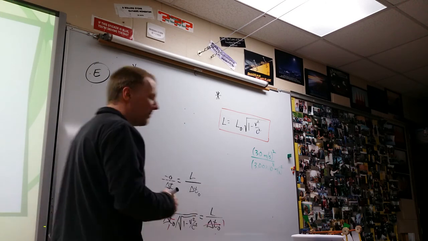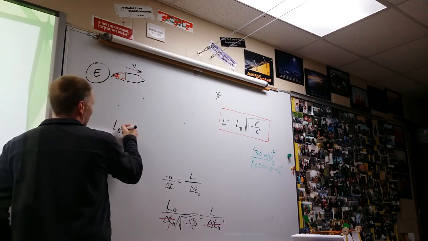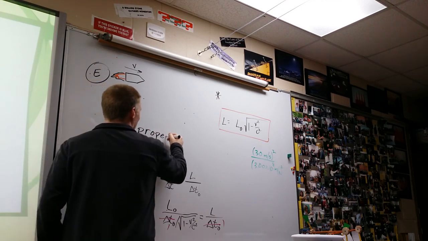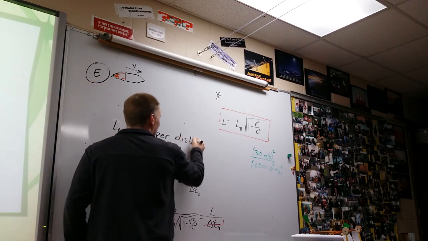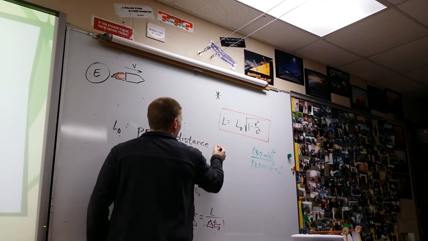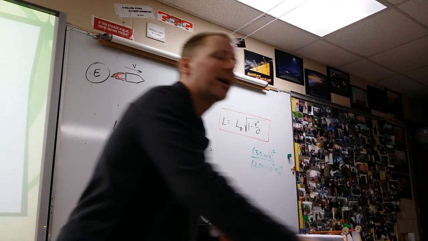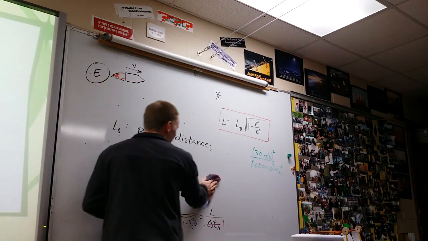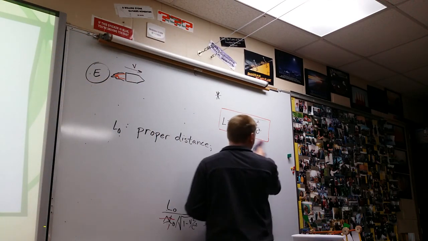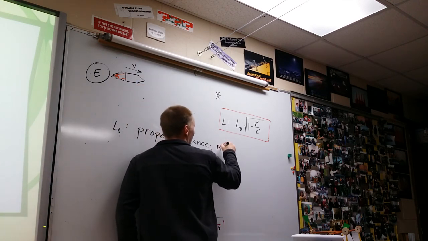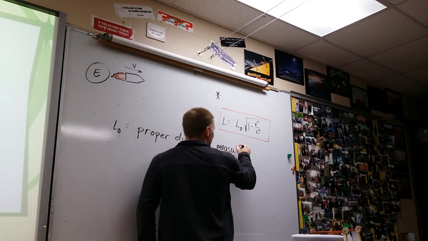So L naught means proper distance or proper length. Proper means the measurement made by someone who is not moving relative to that measurement. So the beginning and end points. That would be like someone standing on Earth, measuring the distance to that star.